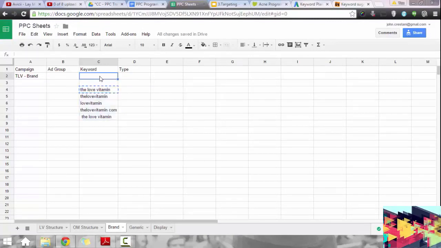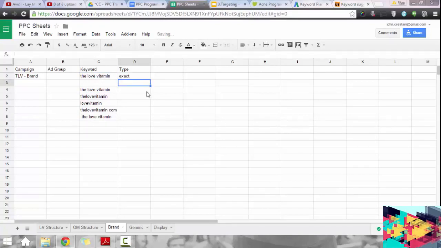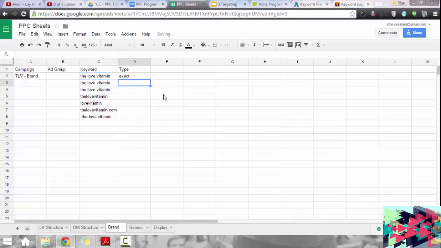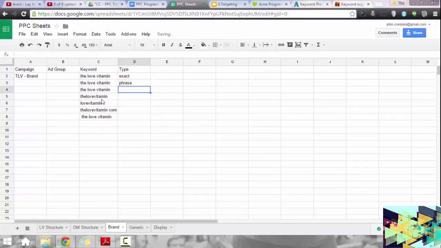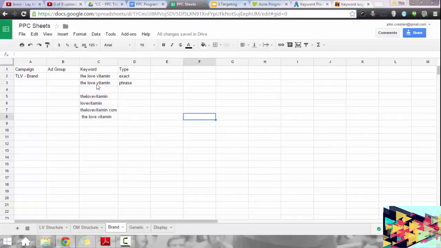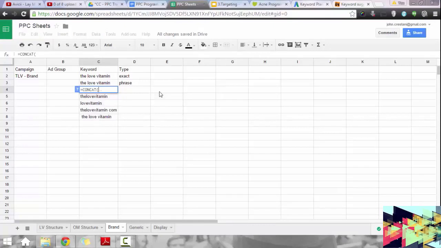So the Love Vitamin is my main term. I'm going to put this in as my exact match term. Then I'm also going to have this as my phrase match term. Then this is also going to be, now I do a little formula to put a plus sign in front of everything. So what I do is I actually just do concatenate.